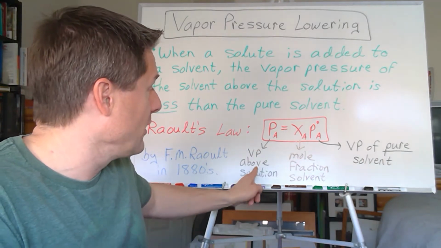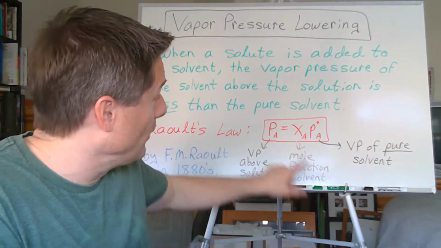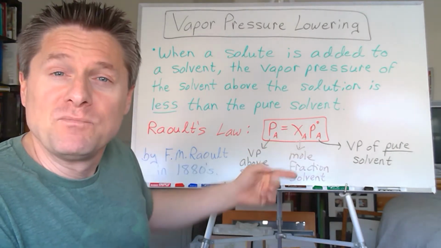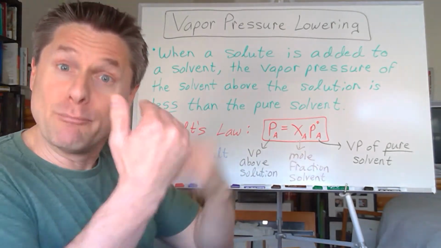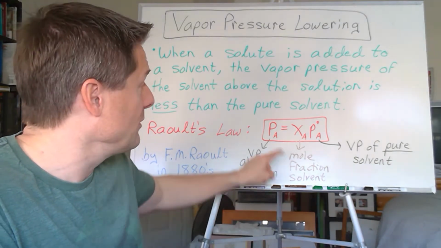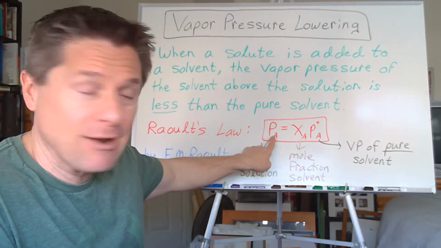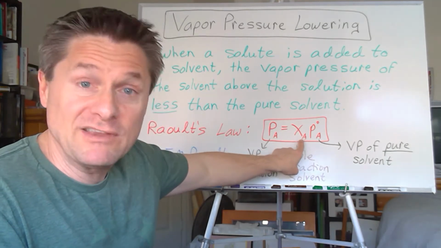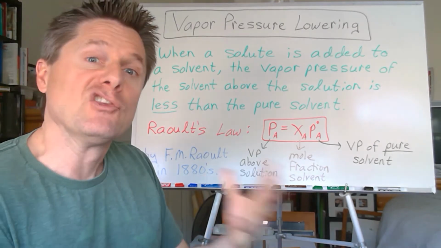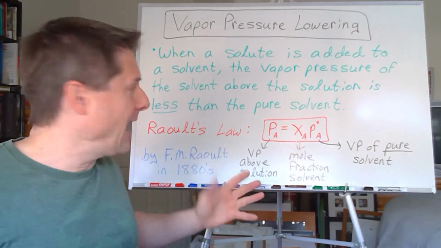Instead of calling this the solvent, you could just say species A or species B. So we could just as easily say P sub B. If it's another liquid and they're both mixed together and both vaporized, they're both going to contribute to the vapor pressure above the solution, but you could do component A or component B. So I could just as easily put B here: the mole fraction of species B times the pure vapor pressure of species B. Rather than solvent and solute, you could say species A, species B. Different ways to look at it.